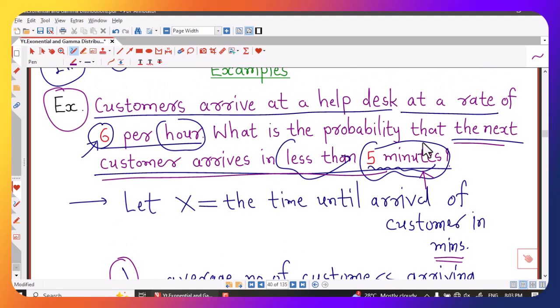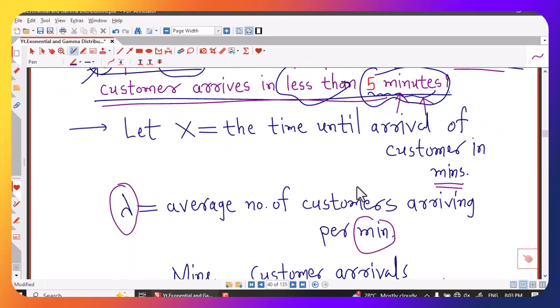If we are asked to calculate the probability in hours, then the rate parameter will be the average number of customers arriving per hour. Similarly, per second also.